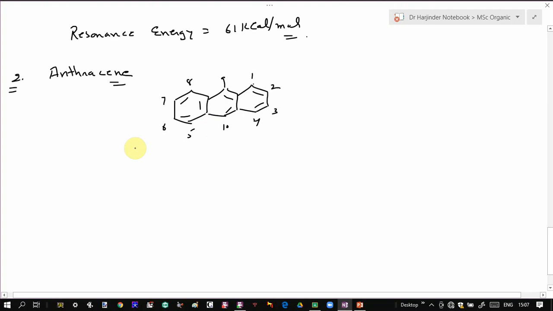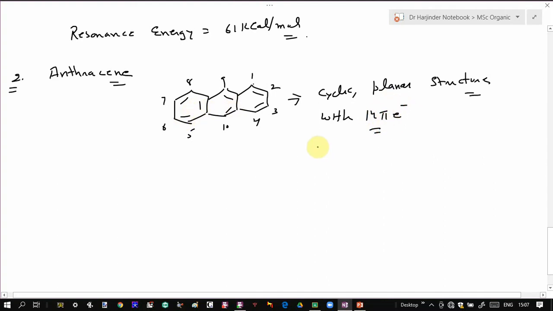Again, this anthracene molecule has a cyclic planar structure. Since each carbon has sp2 hybridization, it is a cyclic planar structure with 2, 4, 6, 8, 10, 12, and 14 pi electrons.